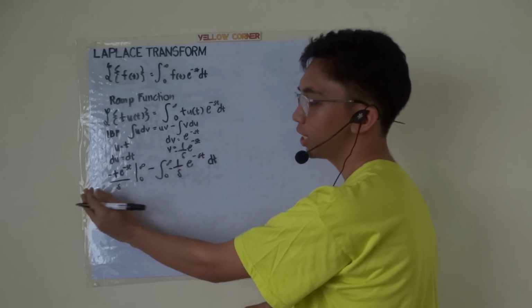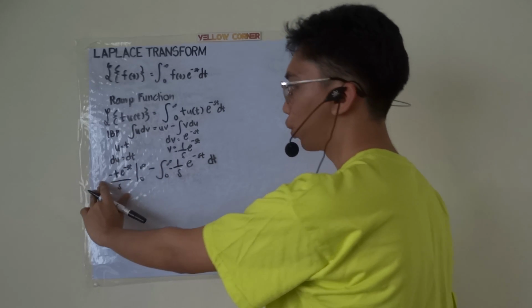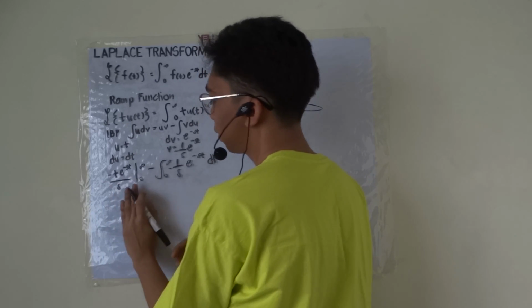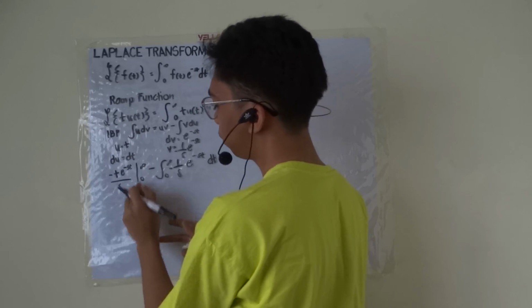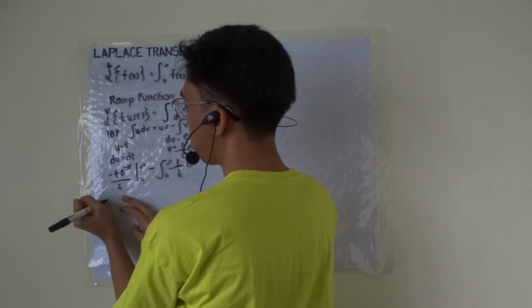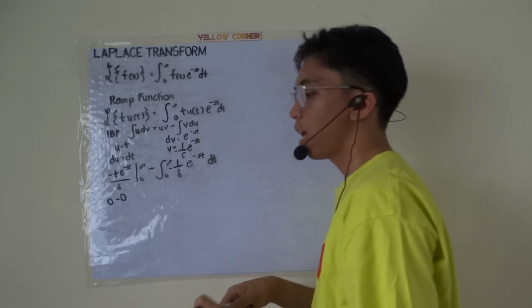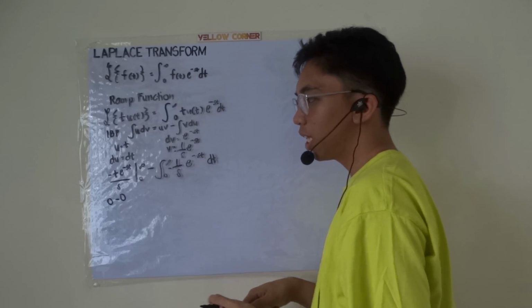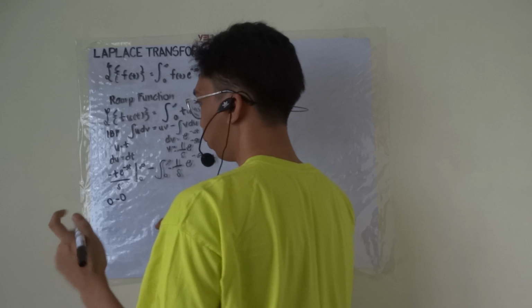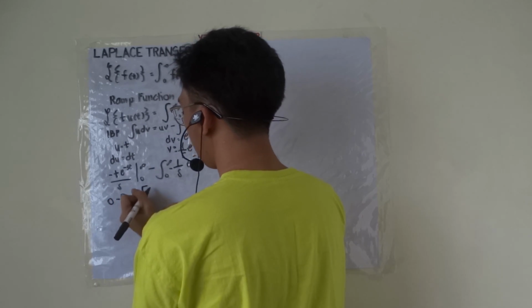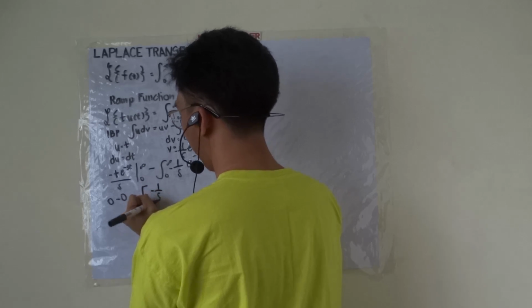And we'll first evaluate our uv form. Substituting the limits of 0 and positive infinity, we have 0 minus 0, since infinity over infinity is equal to 0. And we have minus negative 1 over s.